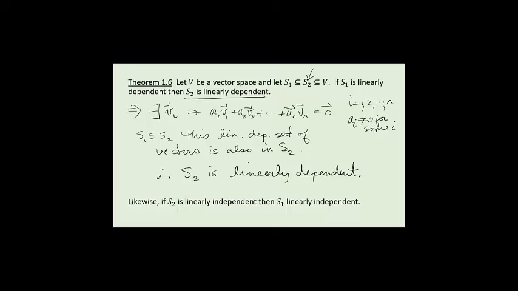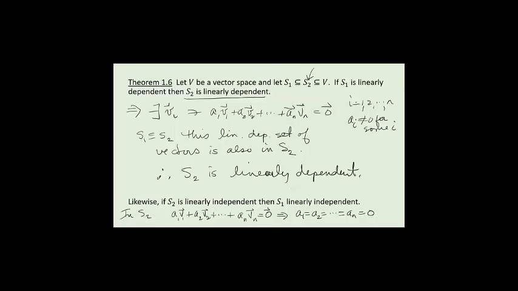Likewise, if S2 is linearly independent, then S1 is linearly independent. So in S2, for any finite subset of vectors v1 through vn, a linear combination of them equal to the 0 vector is trivial. a1 through an must be 0.